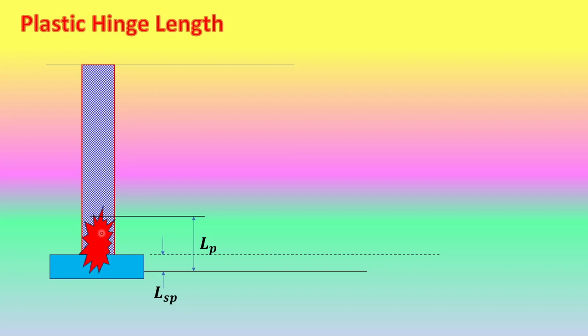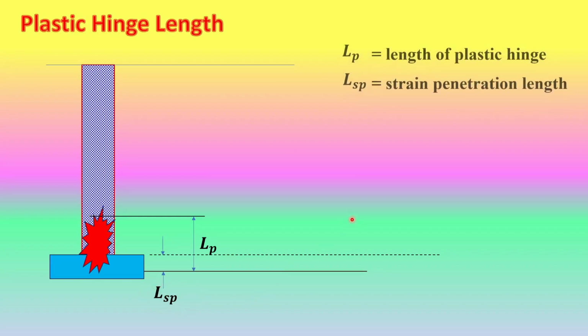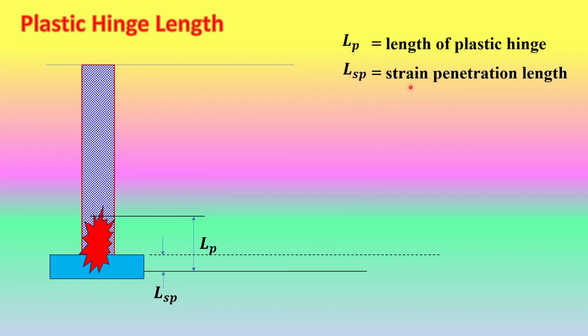The entire length of the plastic zone is called the plastic hinge length, denoted by LP. The penetration of the plastic zone inside the foundation is called the length of strain penetration, denoted by LSP. So LP equals the length of plastic hinge, and LSP equals the strain penetration length.